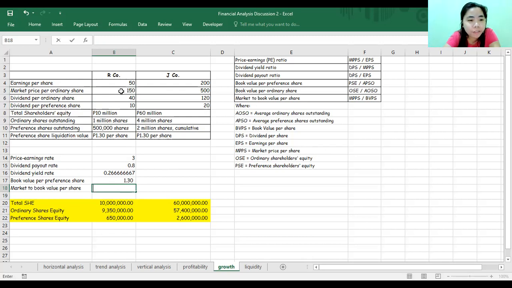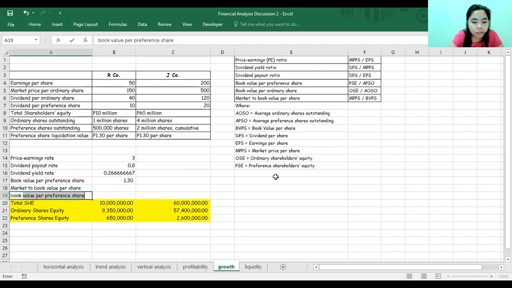So we need to get first the book value per ordinary share. Book value per ordinary share is ordinary shareholders' equity divided by 1 million shares, our ordinary shares. So it's 9.35.